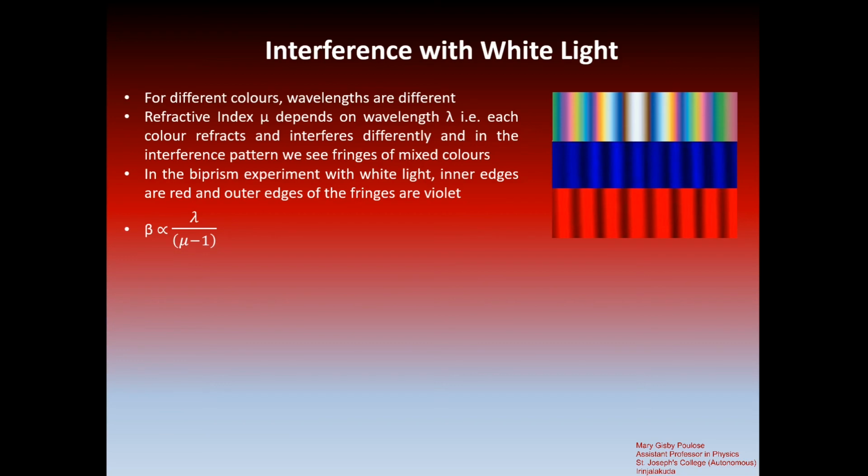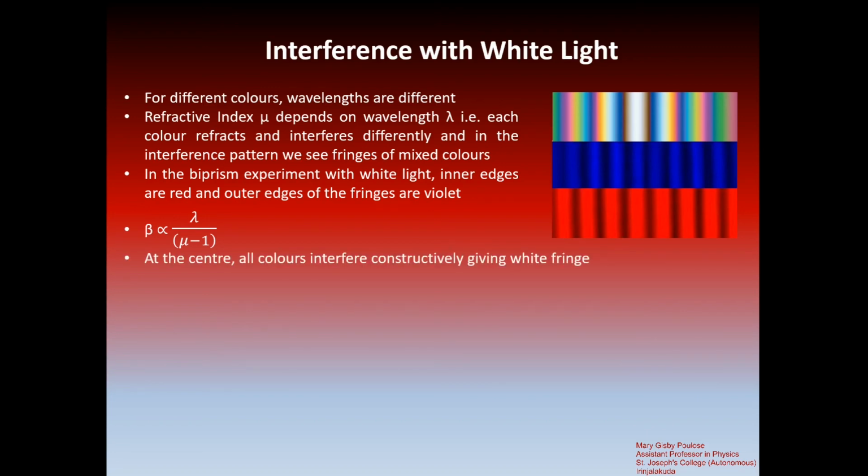The fringes in the blue spectrum are closer, whereas the fringes in the red spectrum are farther away from each other. This is because of the relation beta is proportional to lambda. That is, fringe width for the blue wavelength is smaller and fringe width for the red wavelength is larger.